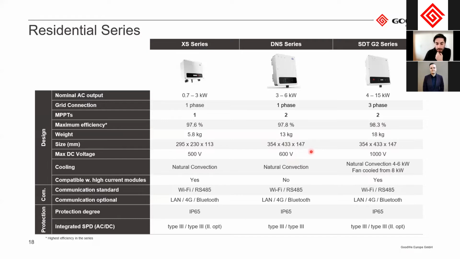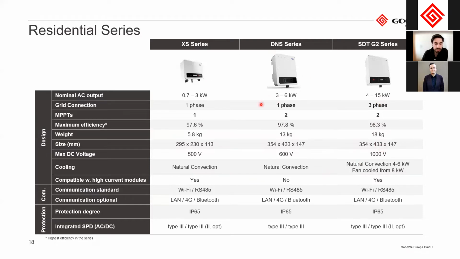In case you are living in a three-phase market, then this is the only inverter for residential applications, and it comes from 4 up to 15, or actually up to 25, but between 17 and 25 we call it the C&I segment, though it can of course be used for residential applications as well.